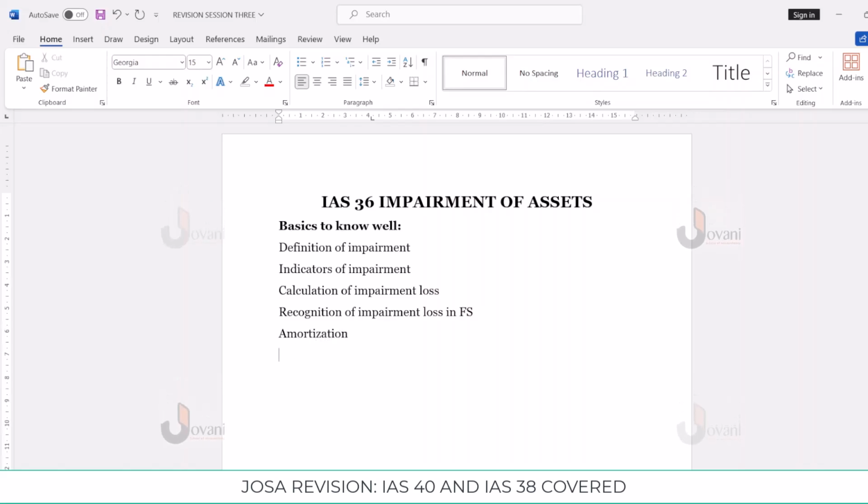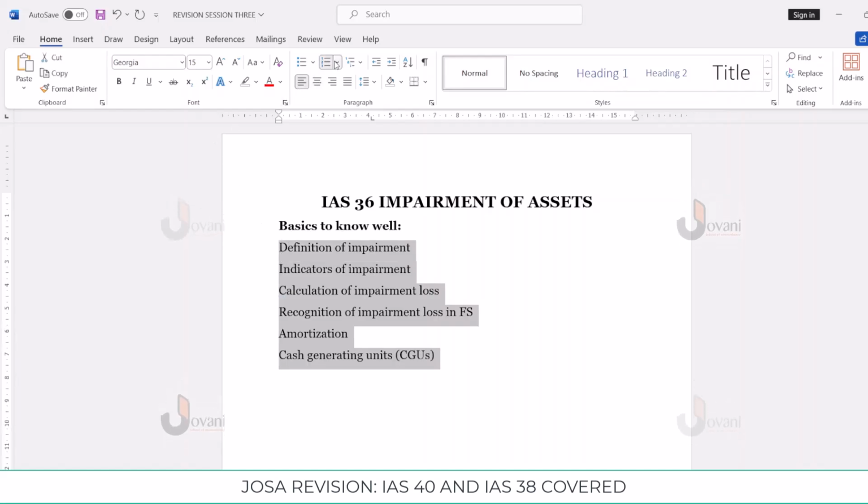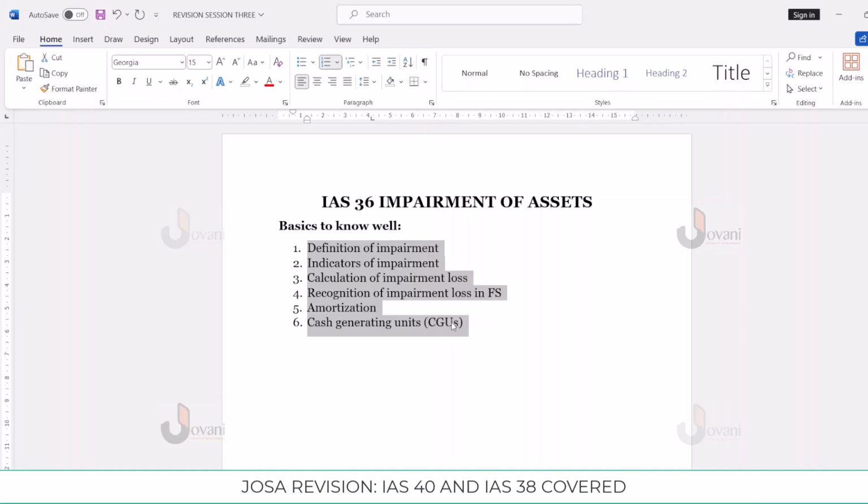You must also know cash generating units, what we call the CGUs. Very important. So for cash generating units, what must you know? So under CGUs, what do we need to know? We need to know the definition of a CGU.